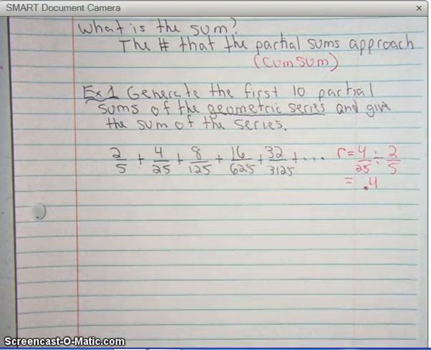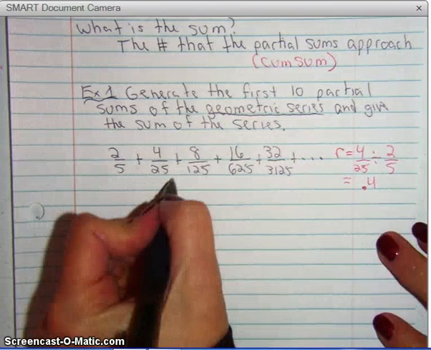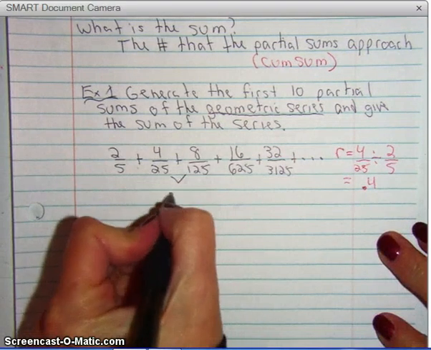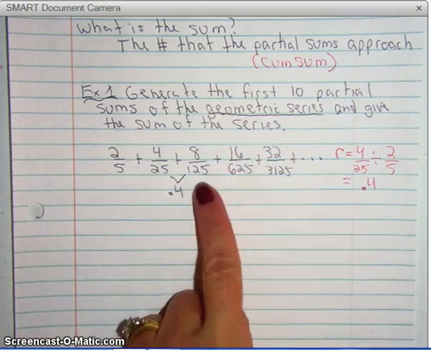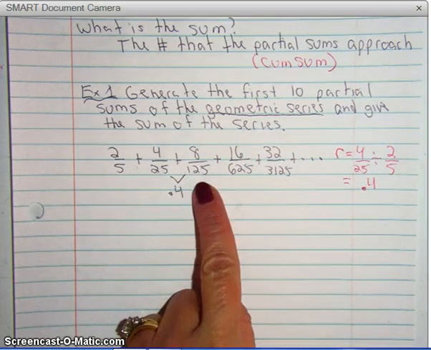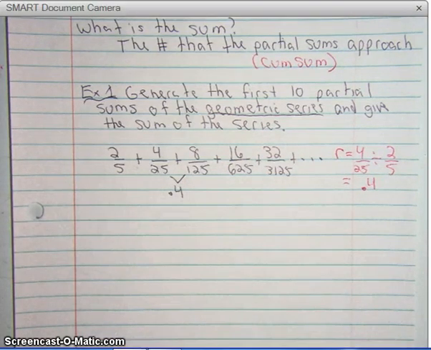Either is fine. Now, we really should check and make sure it's geometric by taking 4/25 times 0.4, and hitting math, enter, enter. Does that come out to 8 over 125? Yes, it does. Okay, awesome.